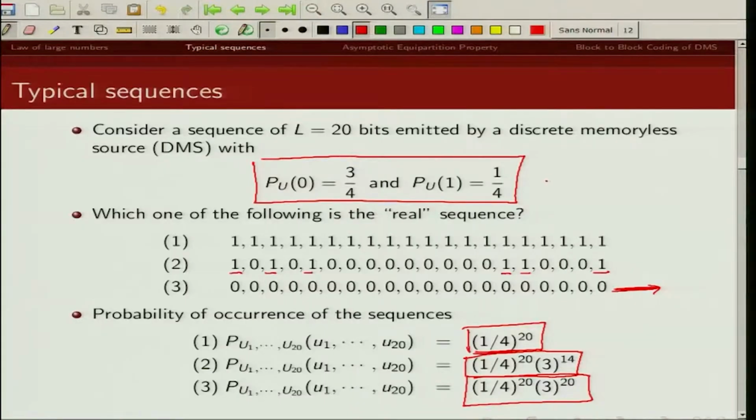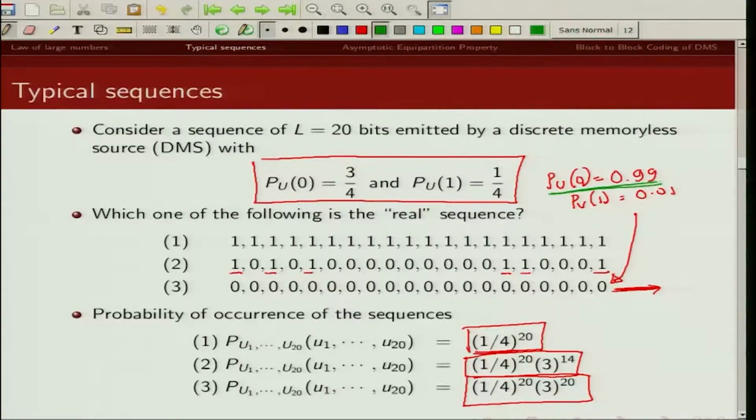If I would have, let's say, told you probability of 0 is 0.99 and probability of 1 is 0.01, then you would have believed that this particular sequence would have come out from this source, because in this source probability of occurrence of 0 is very, very high, right?